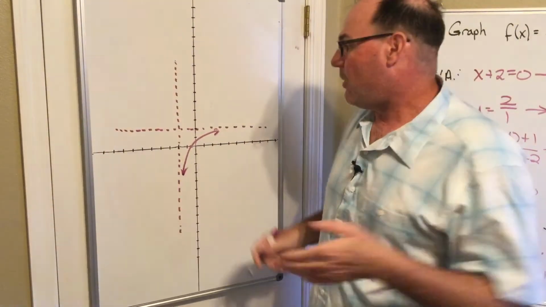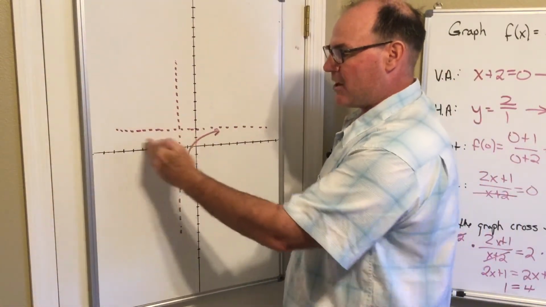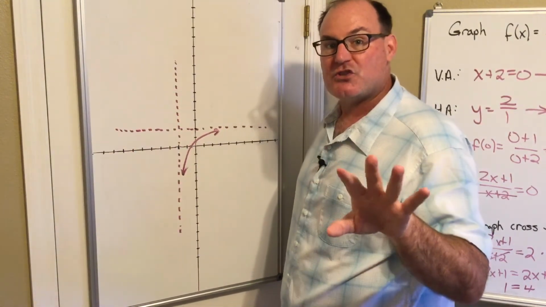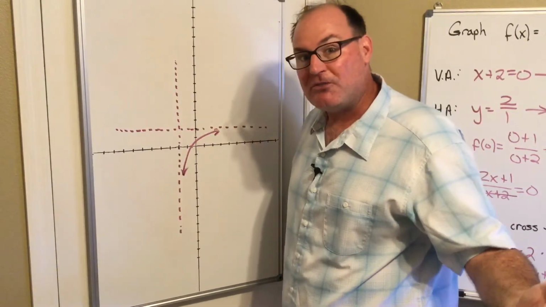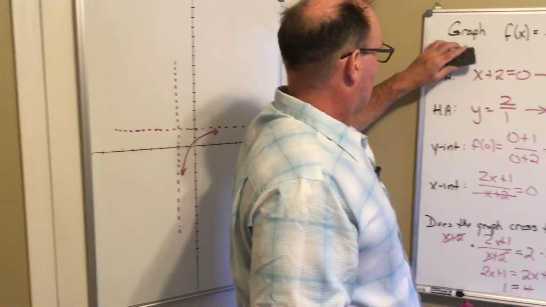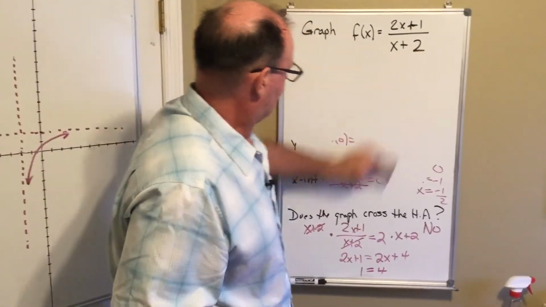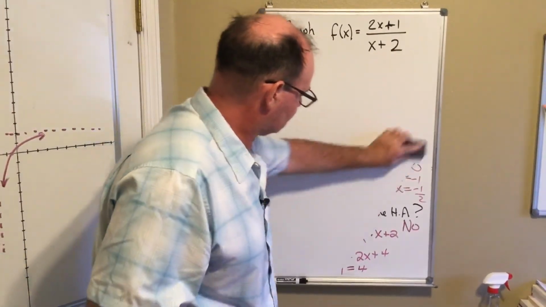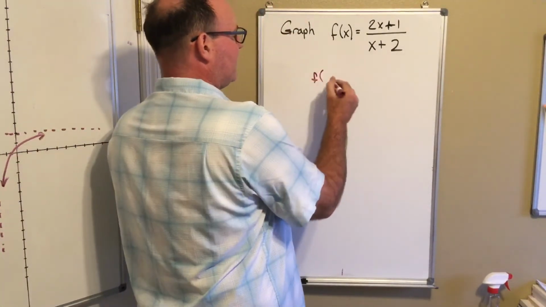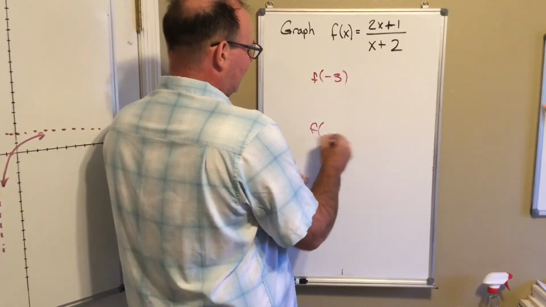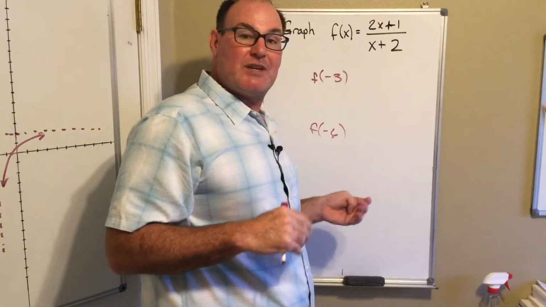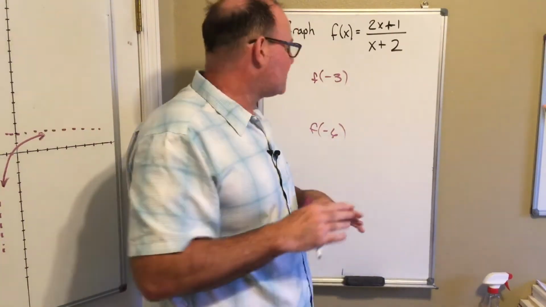So all I need now is 1 or 2 or 3 points that are less than this vertical asymptote. I will again get 2 just so that you have enough information. Get more if you need them. So I'm going to go back to this other board right here. Since my vertical asymptote is at -2, I'm going to find the function value at -3, and let's go -6. I have no secret reasons for choosing these points, so pick whatever you want.